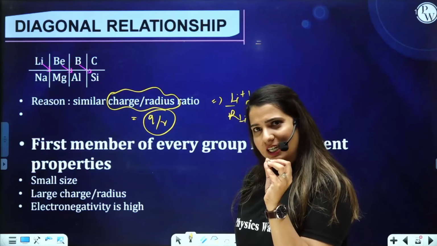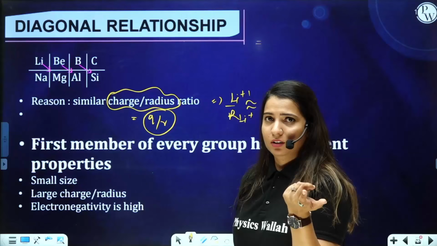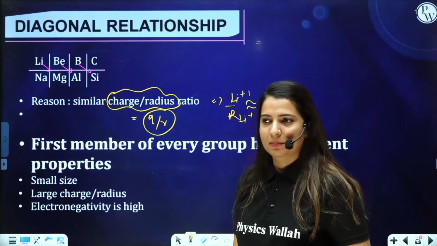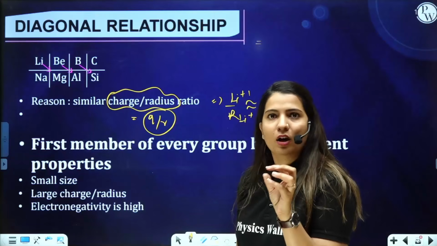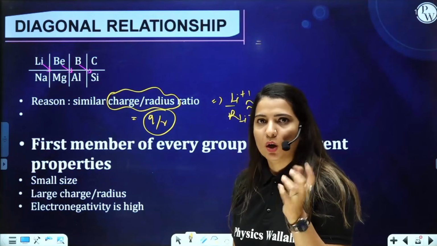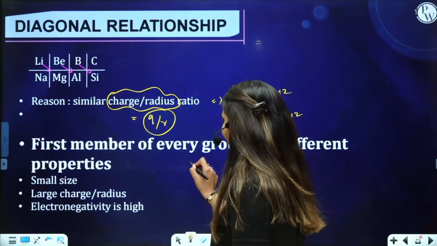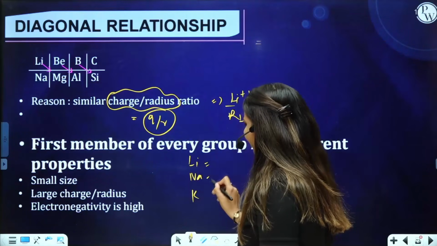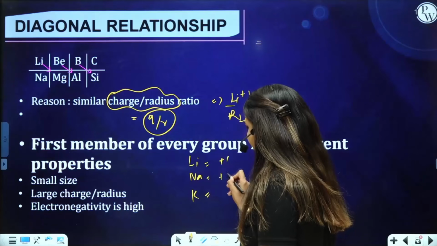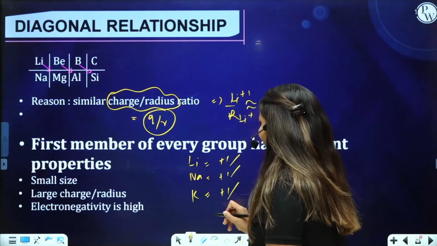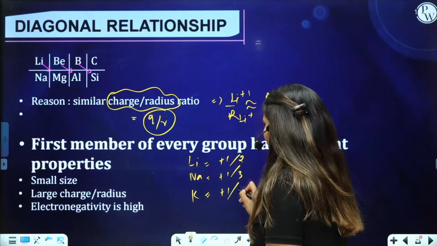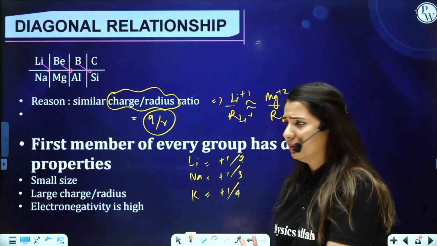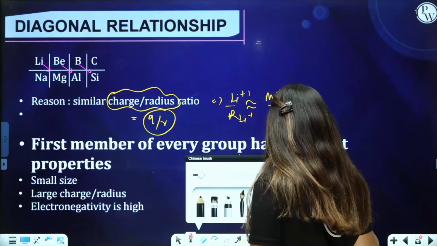The charge will be the same for all group elements, but the smaller the denominator, the more will be the whole number. Like lithium, sodium, potassium, everybody will have +1 charge. But hypothetically, I can take radius as 2, 3, 4. Obviously, size is increasing, so I can hypothetically take these numbers. So you know that the highest value will be for this one.